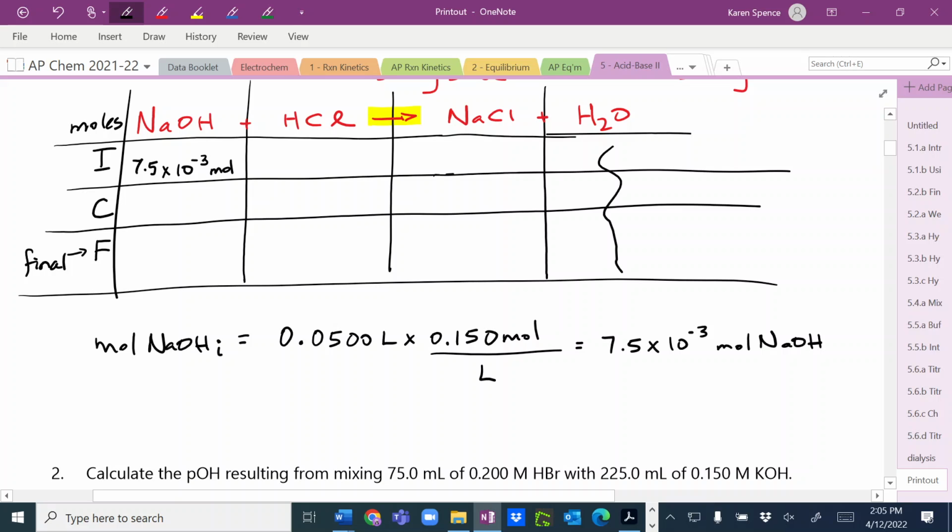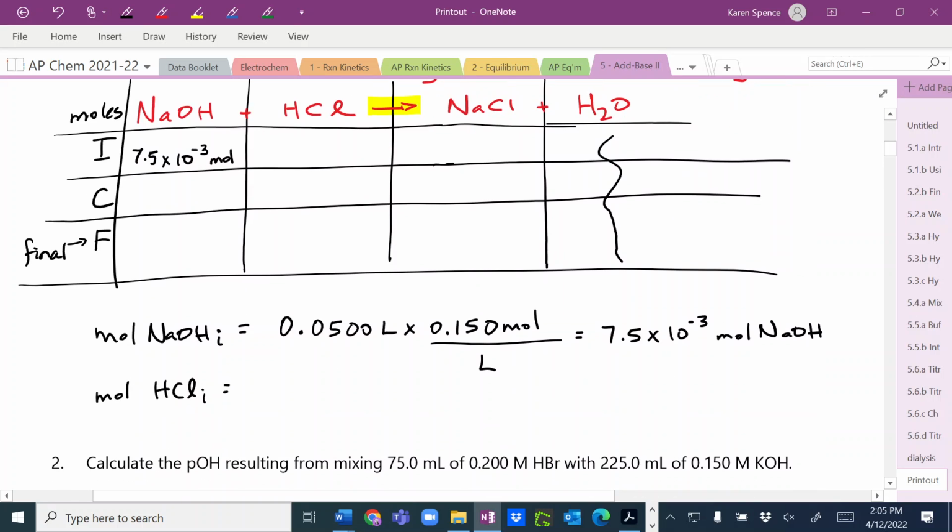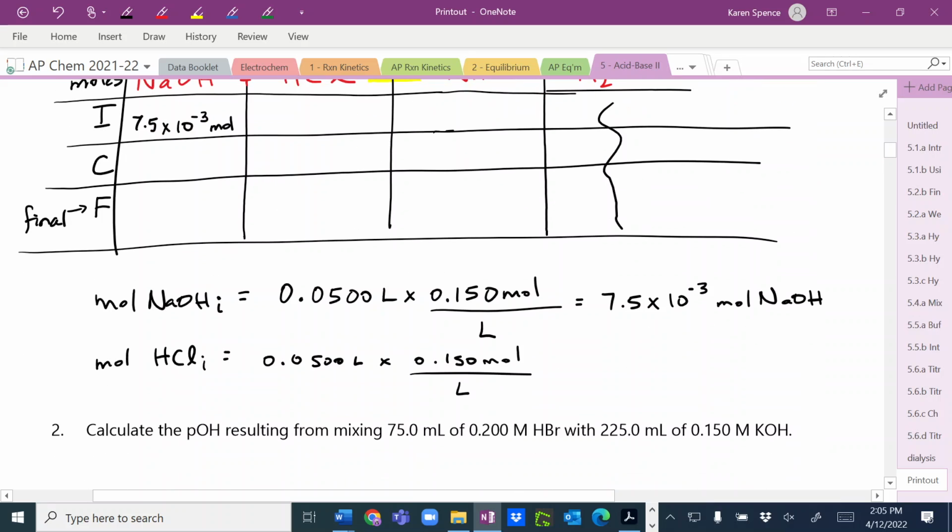Okay, so I am going to do my moles of HCl, initial, which is what? 0.50 liters times 0.150 moles per liter... 0.200 moles per liter equals, where did we get to here? 0.05 times 0.2 equals 0.01 moles.